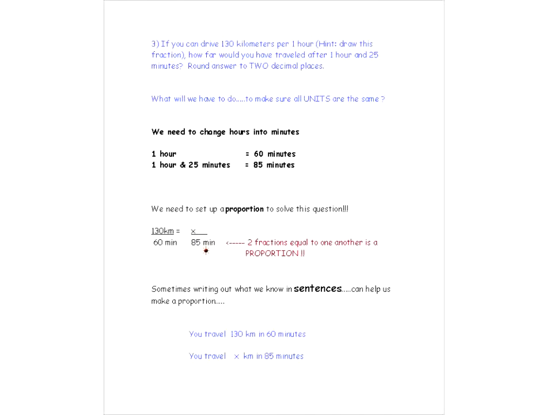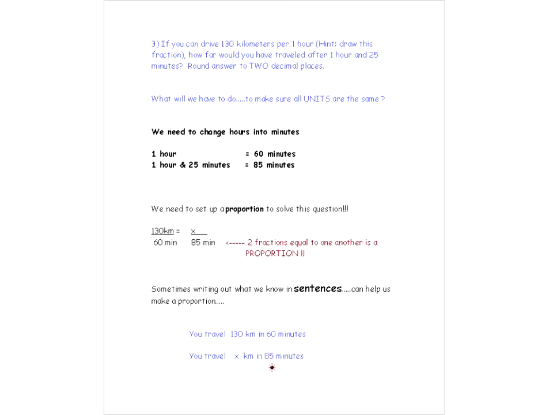Before we go on though, let's say this question didn't have a hint in it that said use a fraction. Well, what I often like to do is write the info that we have in a sentence, and that's another way that will help us find a proportion. So let's say you knew the fact that you travel 130 kilometers in 60 minutes. You write those 2 pieces of information together because they go together.